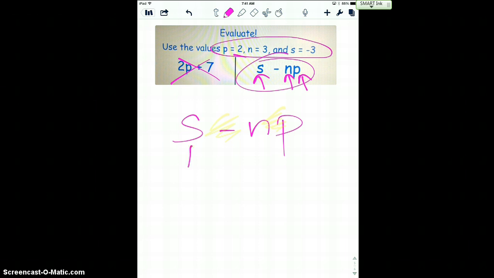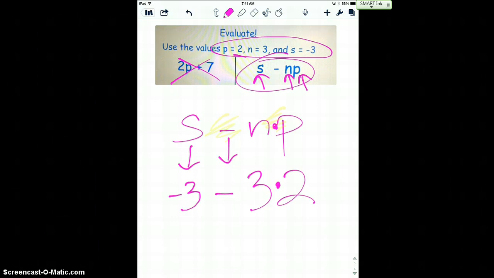So I'm going to plug them all in. For s, I'm going to plug in -3. I'm going to bring down that subtraction sign. And the n is 3 and the p is 2. Remembering that this is not 32, but that it's n times p, 3 times 2. A lot of you like to work from left to right.